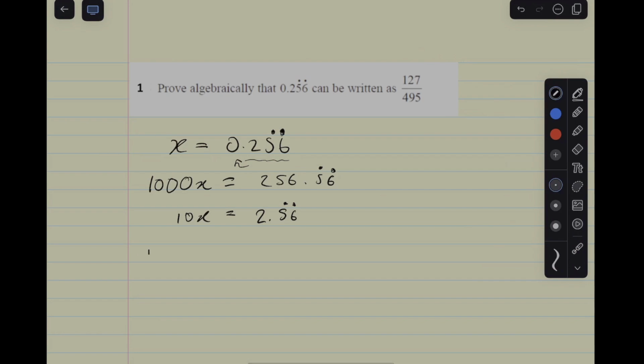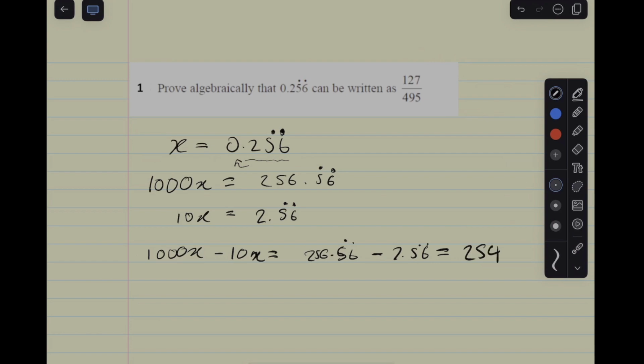So this means that we know that 1,000x minus 10x equals 256.56 minus 2.56, which equals, I'm going to use a calculator for this, but in the exam you should probably use your brain for this, 254.